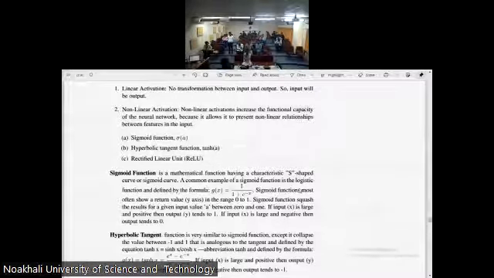ReLU is commonly used in CNN. There are other activation functions, but these three are really common, so you need to know how to apply them. The sigmoid function is very simple: 1 divided by 1 plus e to the power of minus x, where x is the input.